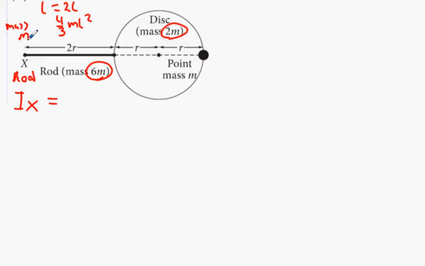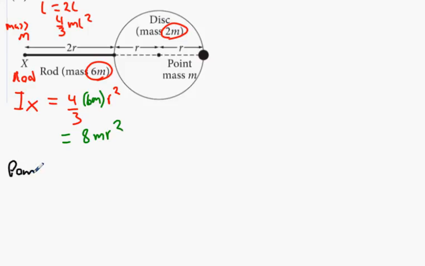m. We're not using L anymore, we're using R. The length is the same, so that's still 4/3 R squared, but what's different is the mass. So we're going to have to put in 6m here, and what we're going to get is 8 mr squared. Okay, that's the rod done. We're next going to move on to the point mass because it's easy marks.